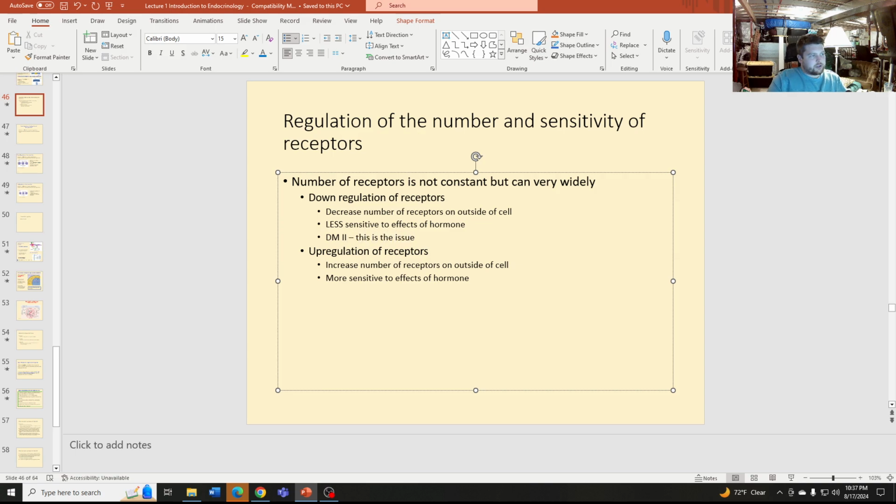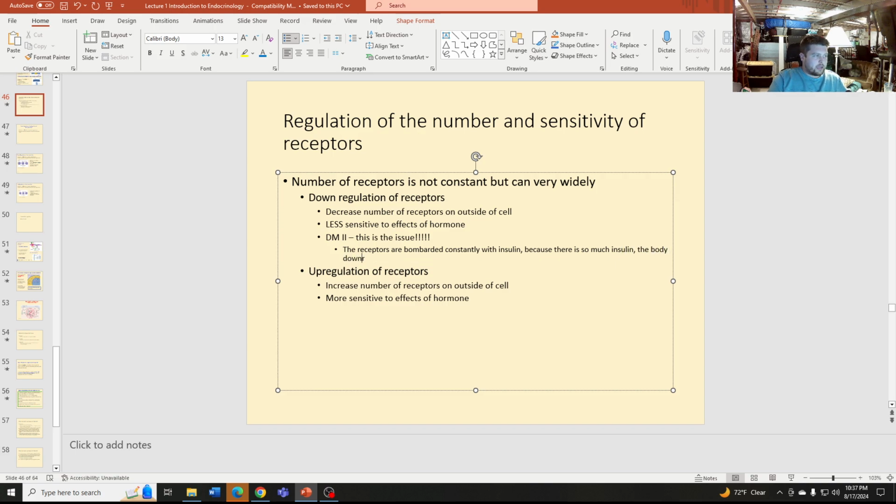This is the issue. Essentially, with diabetes mellitus 2, the receptors are bombarded constantly with insulin because you constantly have high blood sugar, so it's just insulin all the time. And because there's so much, the body down-regulates the receptors so that there are less of them.